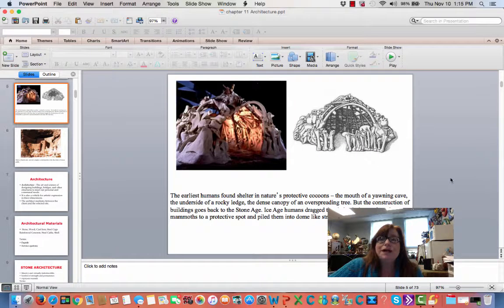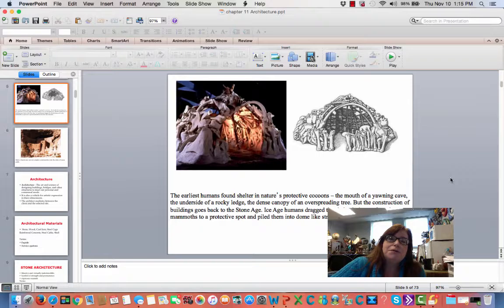So what you're looking at here is a very early human's dwelling. Basically, it's a reconstruction. None of these actually are still erected, at least I don't think so. But these are basically cocoons that humans built.